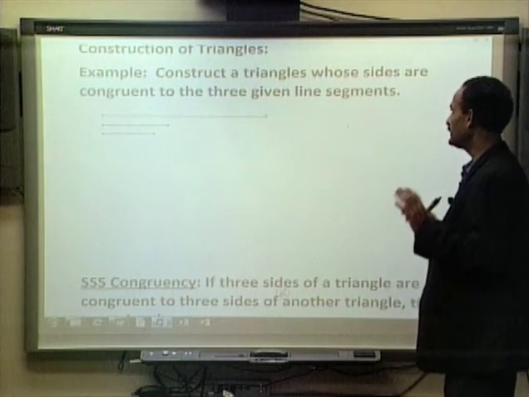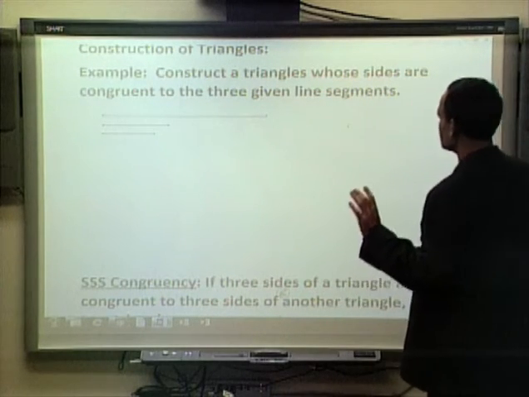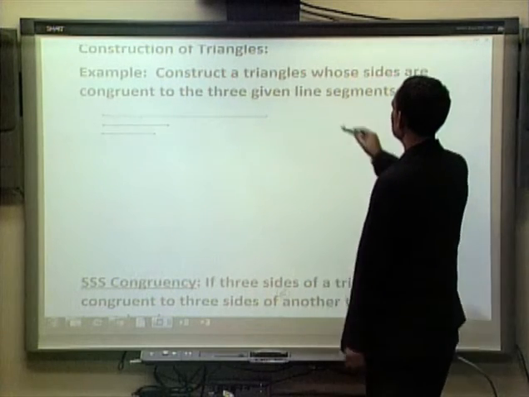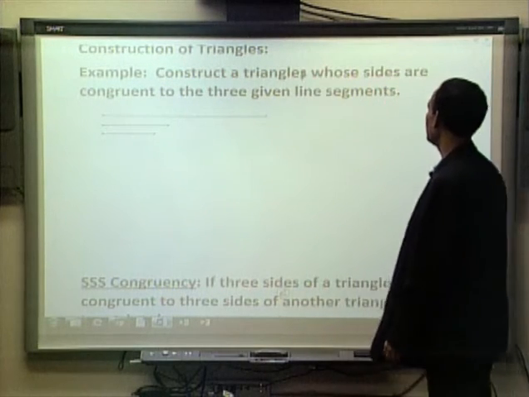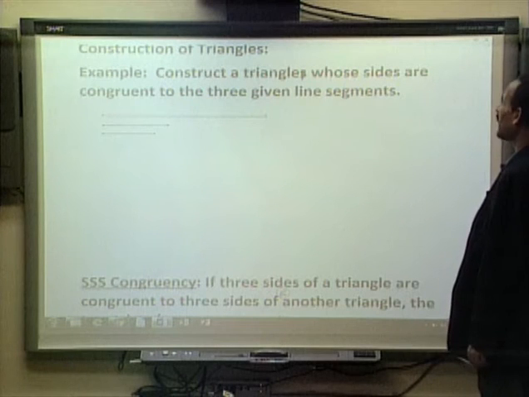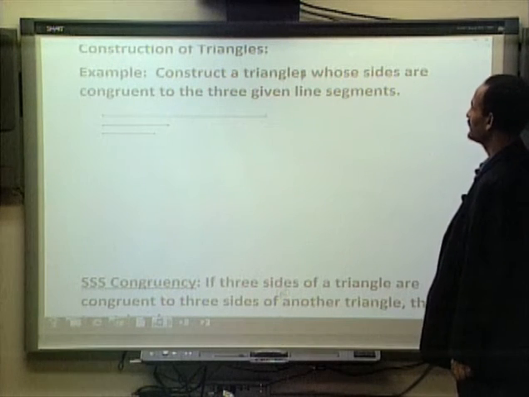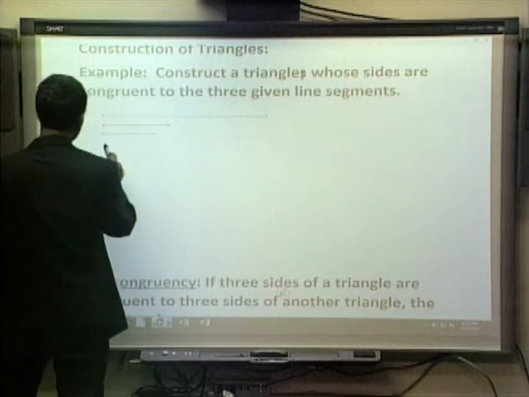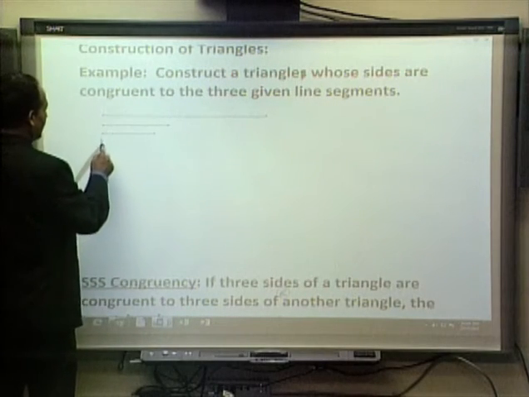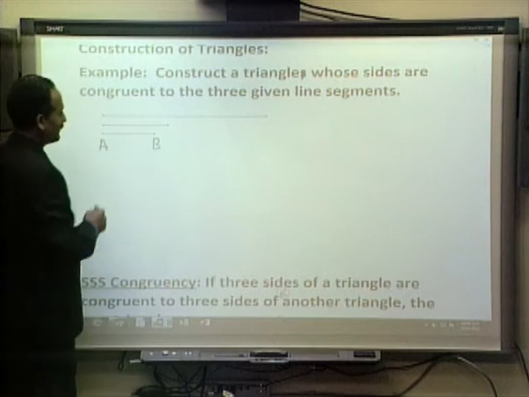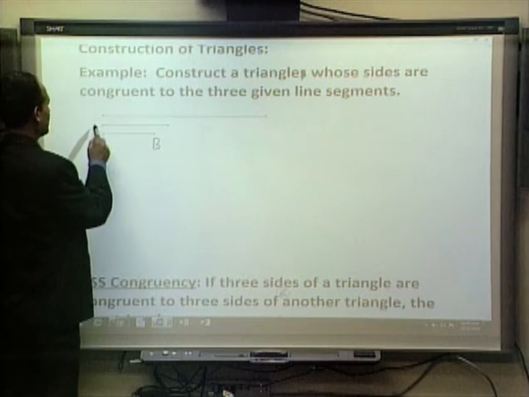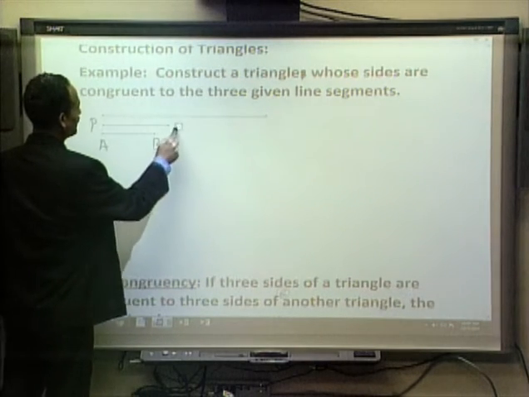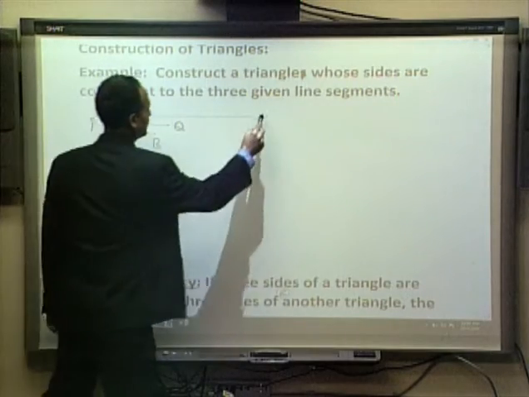Here in this example, we are trying to construct a triangle whose sides are congruent to three given line segments. Let us say this is AB, this is PQ, and this is CD.